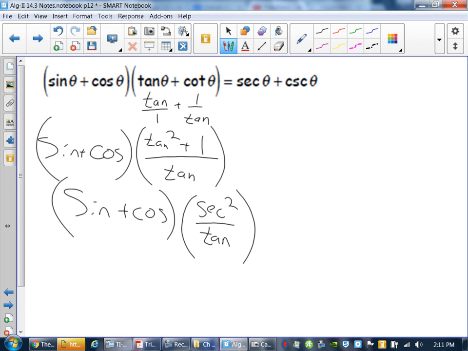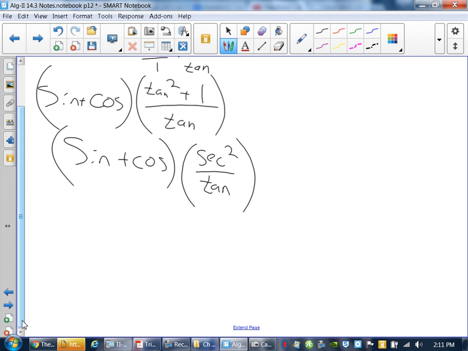Now I'm going to look at just this portion real quick, because that can be rewritten as a complex fraction. So this is 1 over cosine squared divided by sine over cosine. Secant squared over tangent.